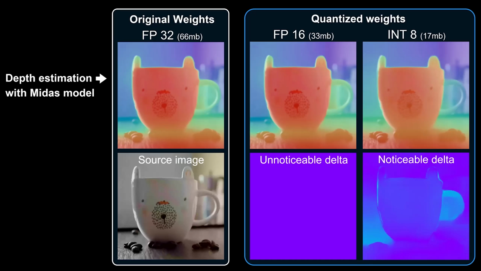On the left, you've got the original weights, FP32, and on the right, we've got the quantized one. You can see FP16 is really, really close to the FP32 one, and in int8 you see some degradation, but the quality is still there. So I definitely recommend going to that talk and learning more about quantization and how to use it, and making sure that it's appropriate for your use case.